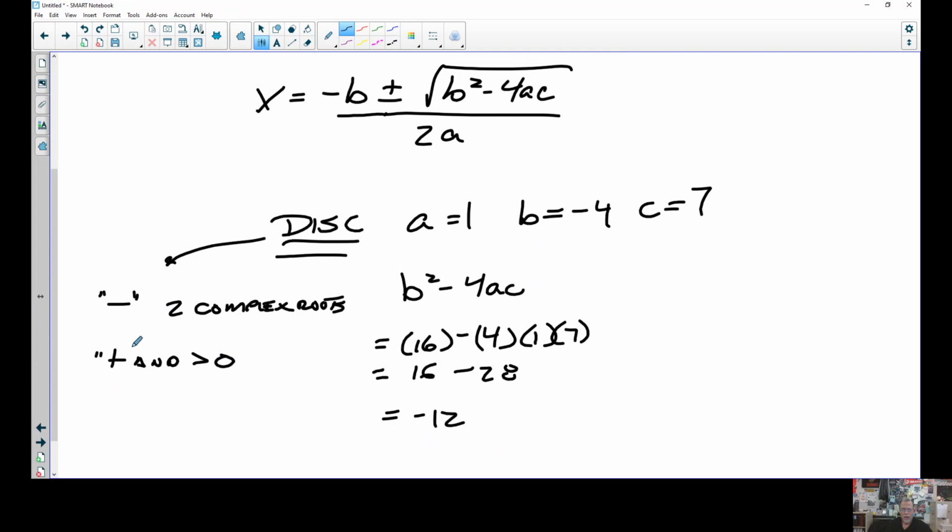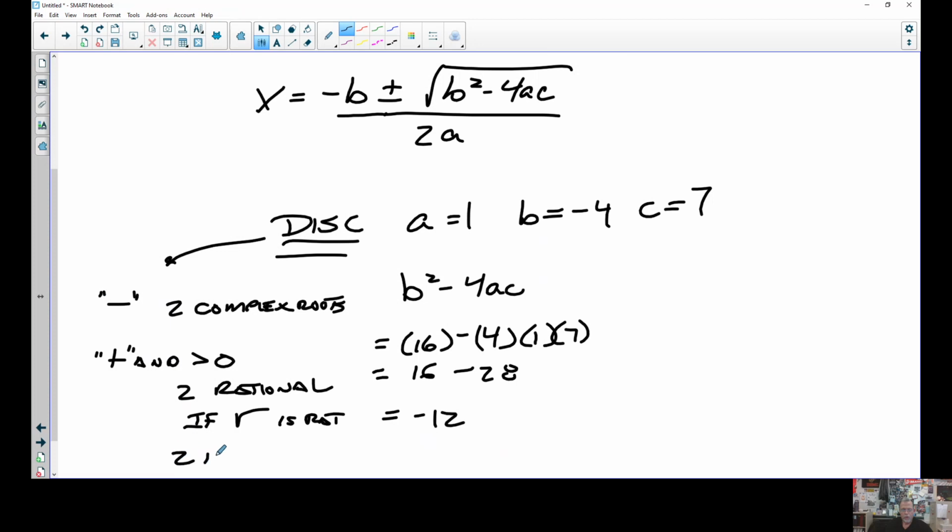If it's positive and greater than 0, then what do we know? Well, we have 2 different possibilities there. I'm sorry, I jumped ahead a little bit. If it's greater than 0 and it comes out to be a nice square, we can have 2 rational roots, in other words, if you can get rid of the square root.